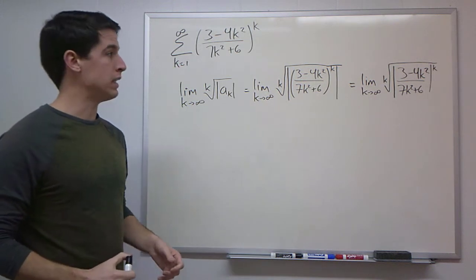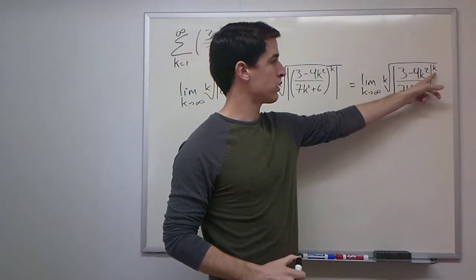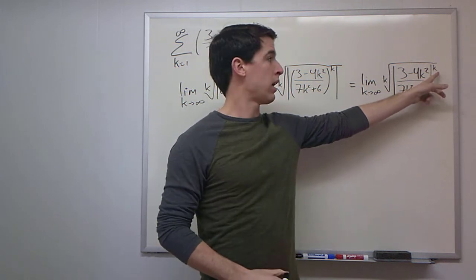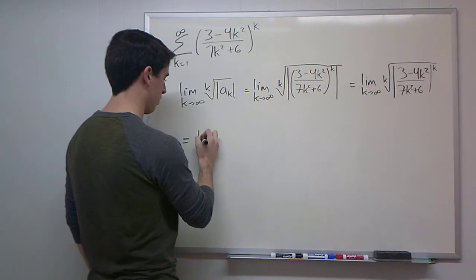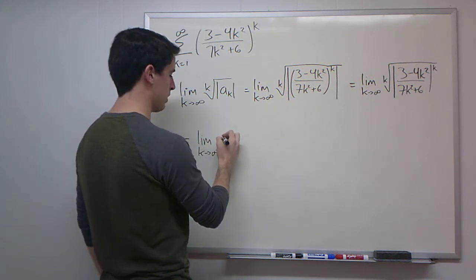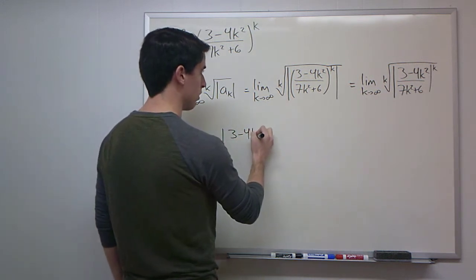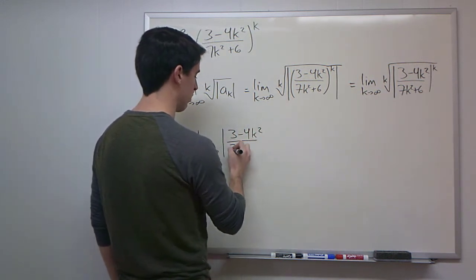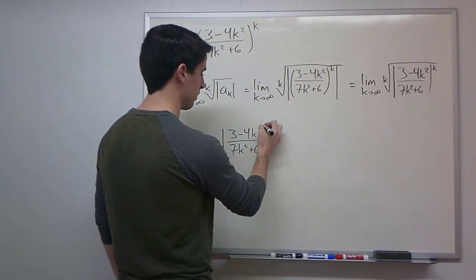And now it's very easy to see that my kth root is going to cancel out with my kth power. And so this limit just becomes the absolute value of (3 minus 4k squared) over (7k squared plus 6).